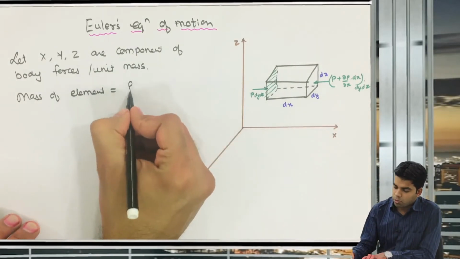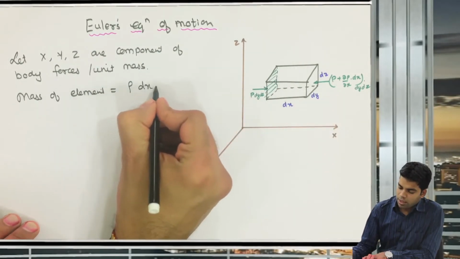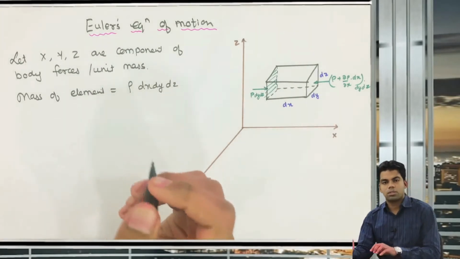Density is rho and the volume of this element is dx dy dz, so this is the total mass.